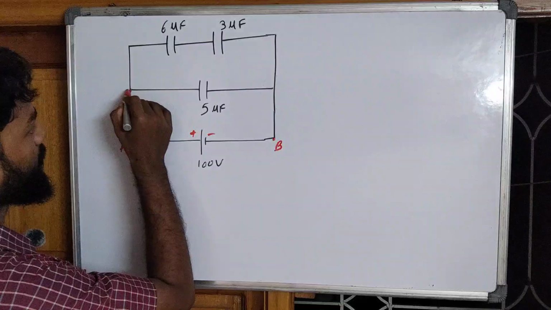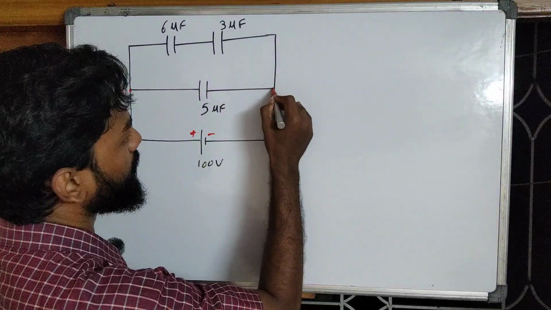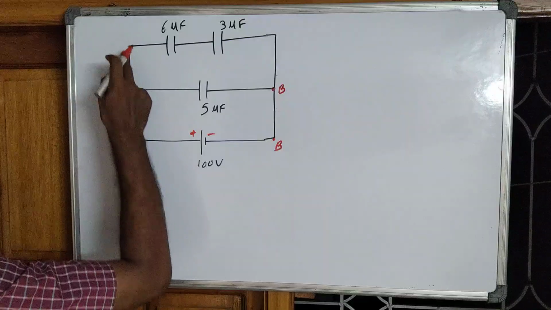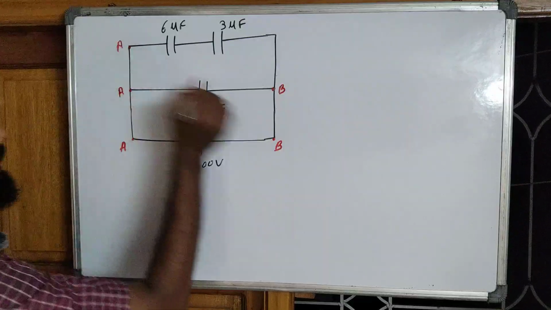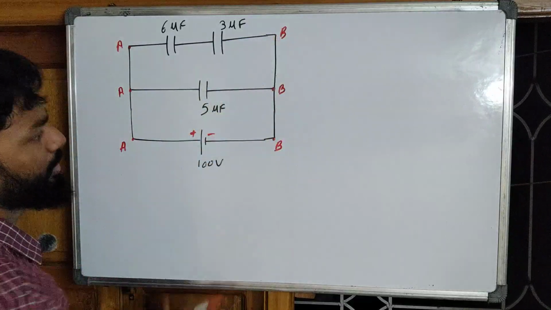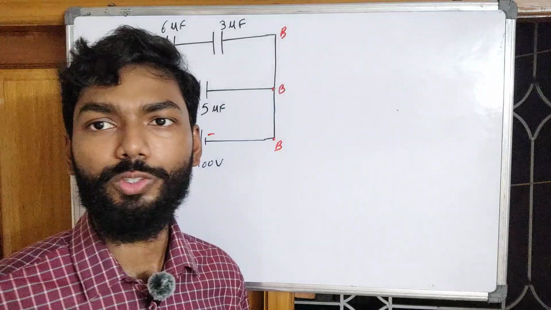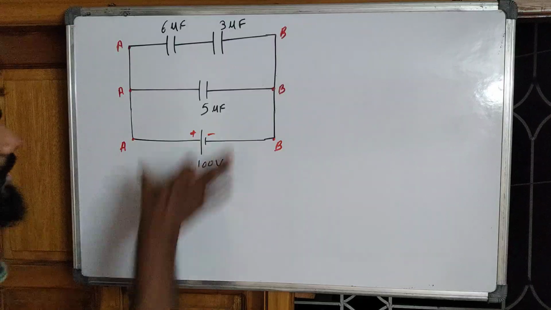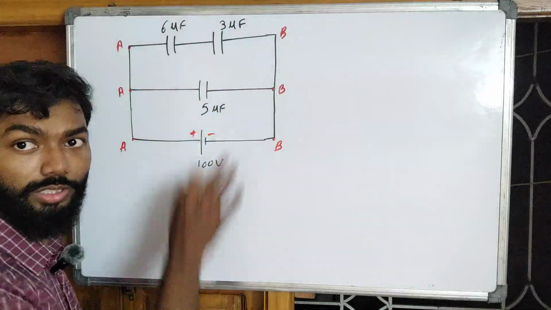This is A, so this will also be A. This is B, this will also be B. Likewise, this will be A and this will be B. Potential across AB is 100 volt.